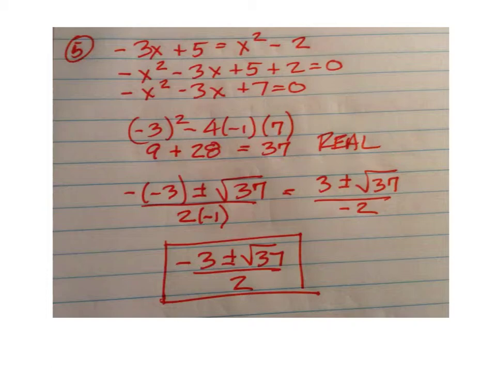Number 5, negative 3 plus or minus the square root of 37 over 2.